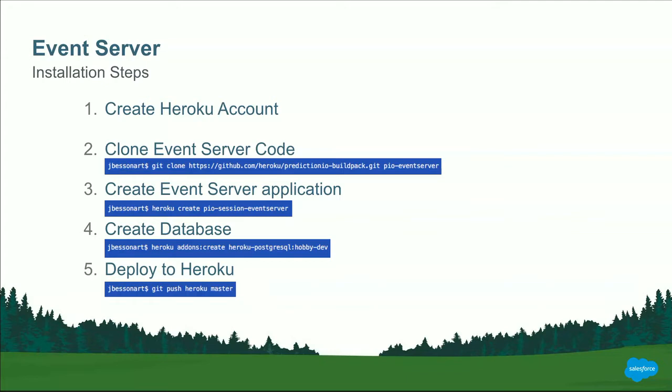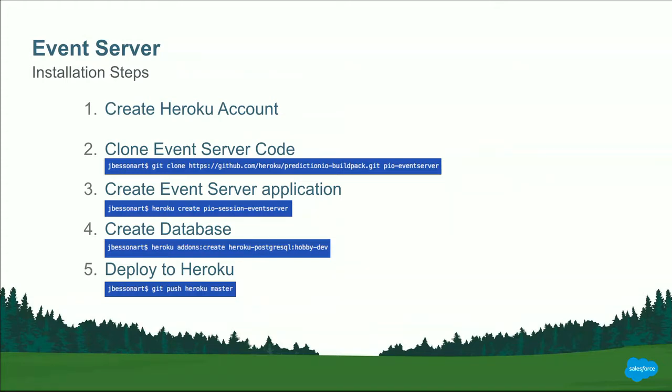So now we have the three elements, and let me jump into how to install them. It could sound a little tricky, but actually it's just a bunch of steps. Most of them are just command line steps that you can do. I have an example of them. First, you need to create a Heroku account. It's where you will be storing and deploying the event server and the apps.